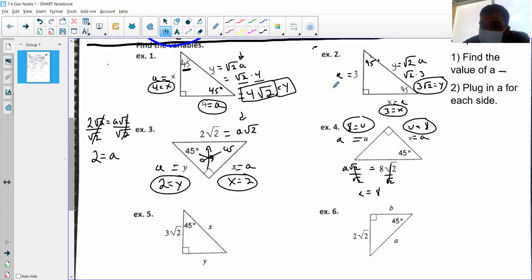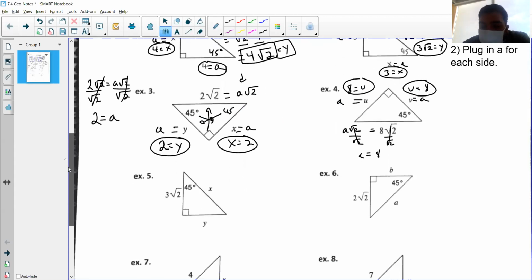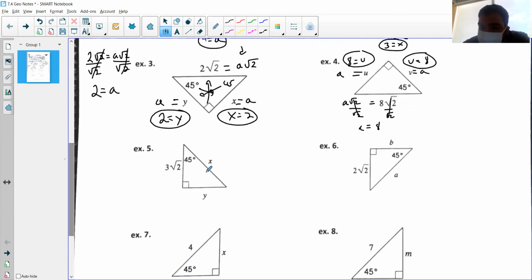Okay, so first one, do straight plug in. Second one, do one step and then plug in. Let's go to the next set, 5 and 6 here. This whole thing equals A. Y equals A. This hypotenuse is going to be A root 2.